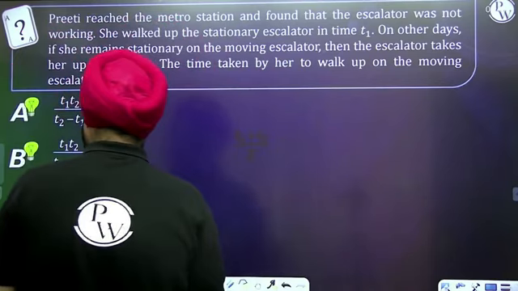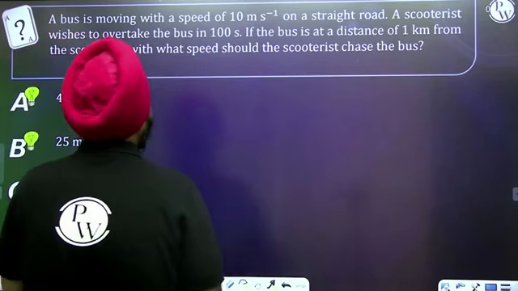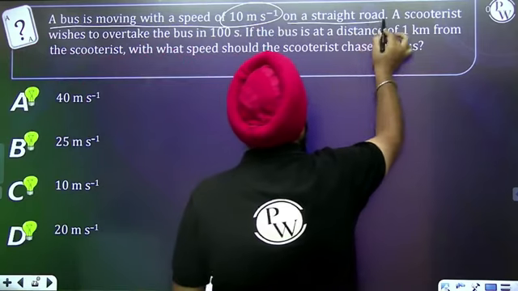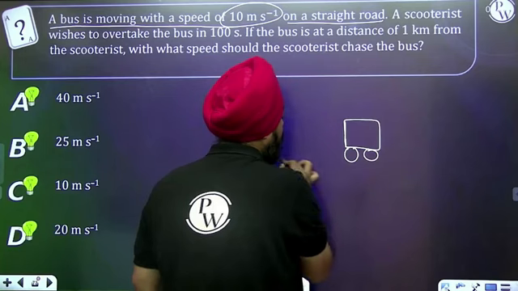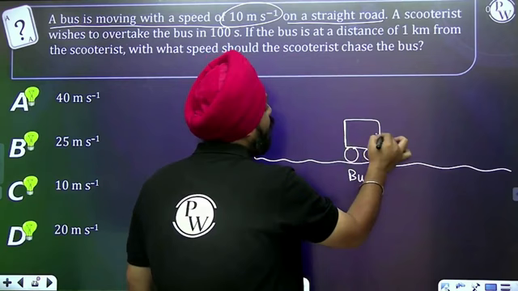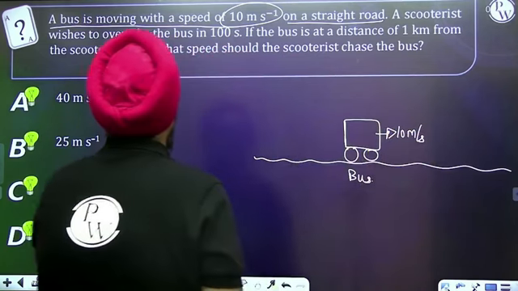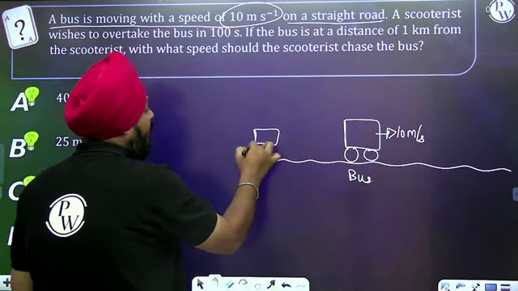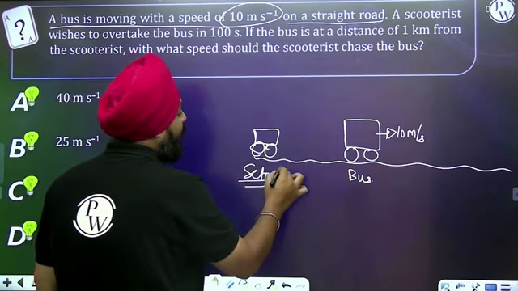Okay, this is a simple thing. A bus is moving with a speed of 10 meters per second on a straight road. A scooterist wishes to overtake it.